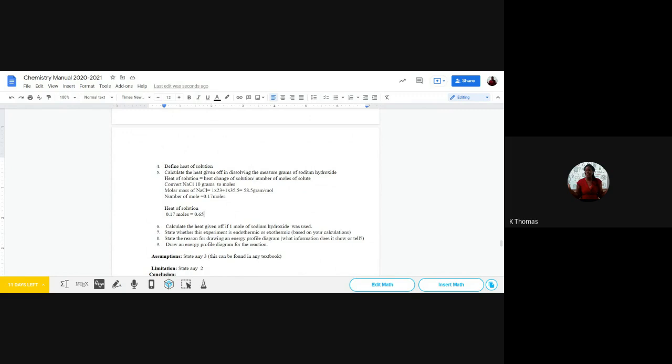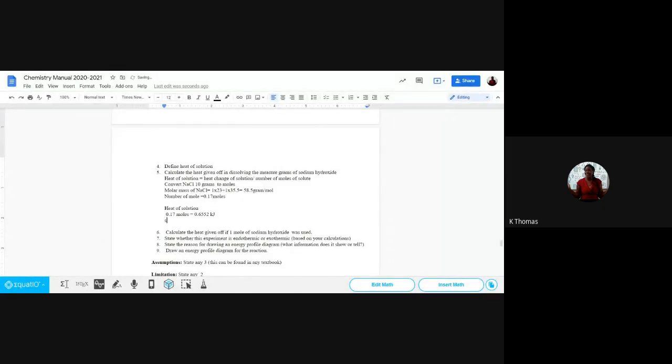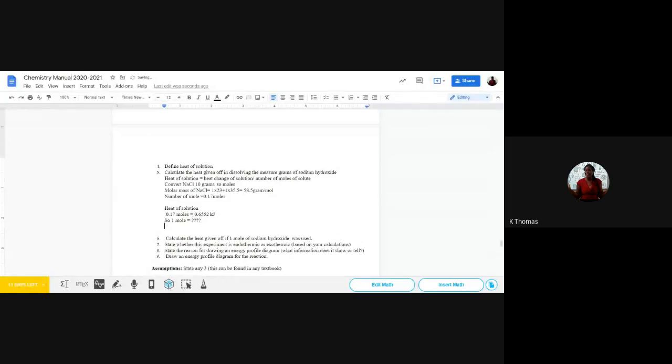Given moles equal to 0.6552 kg, right? So 1 mole equals, we don't know. So when I set it up like this, I'm just using the unitary method.